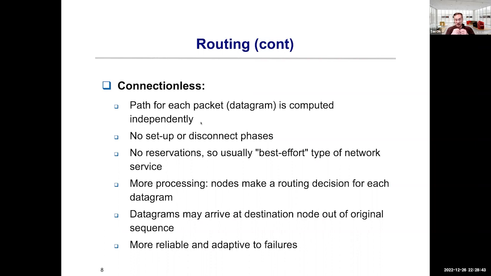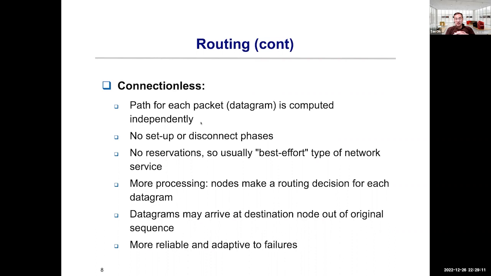It just sends it, hoping the next node can handle it. Eventually, you will get to the destination. No path setup is performed, there's no reservation, and it basically uses best-effort network service.